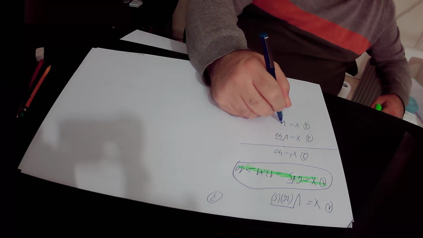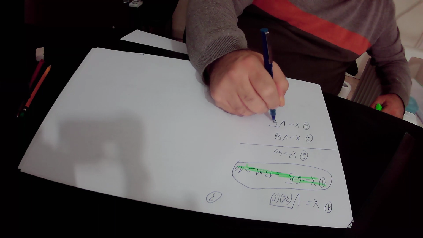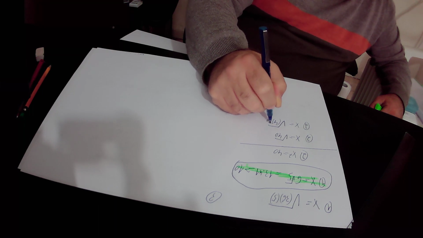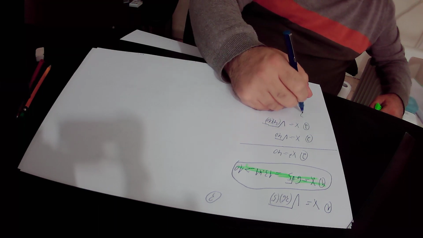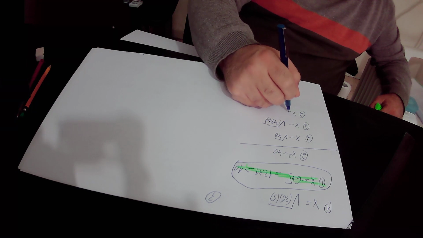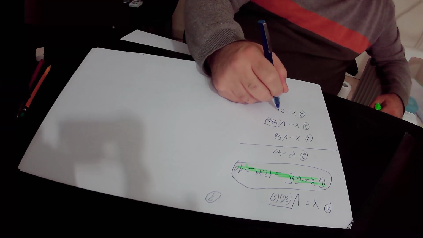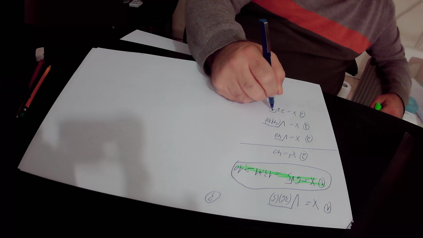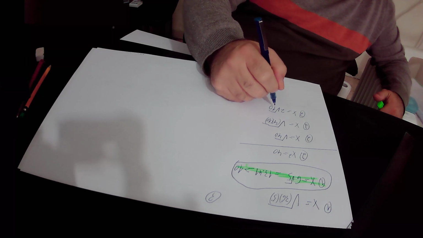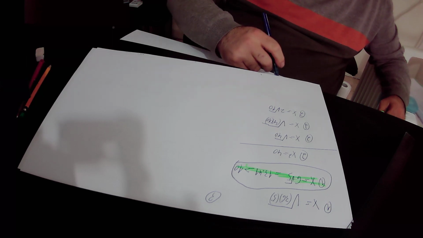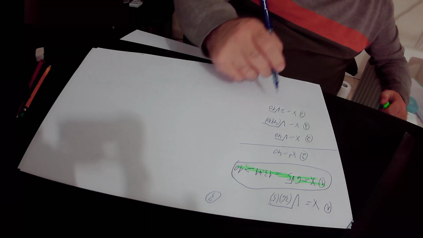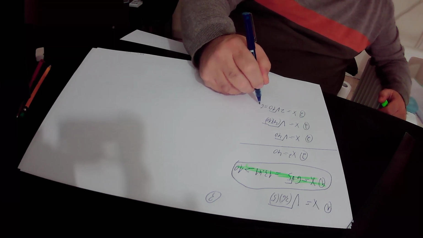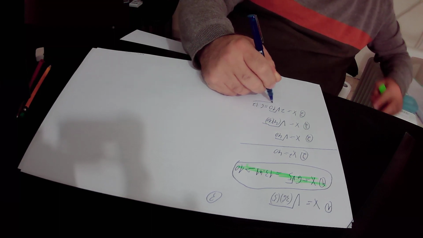Forty is 4 times 10, and the square root of 4 is 2. So in conclusion, the second solution for x is that x equals 2 times the square root of 10, that is actually 6.32 units.